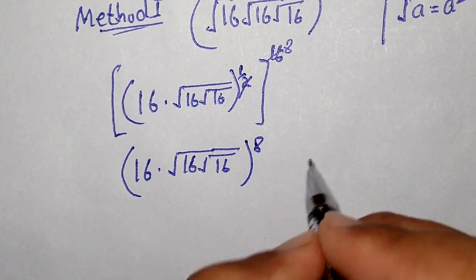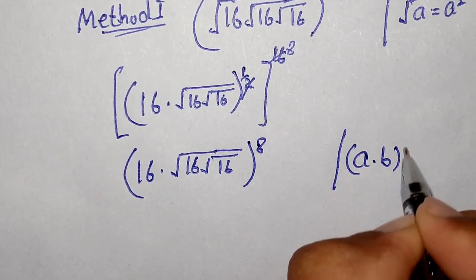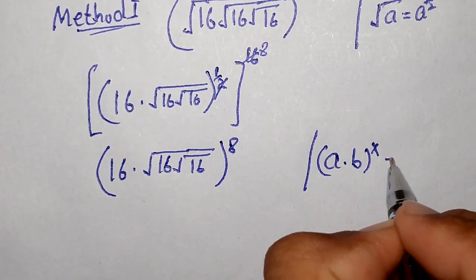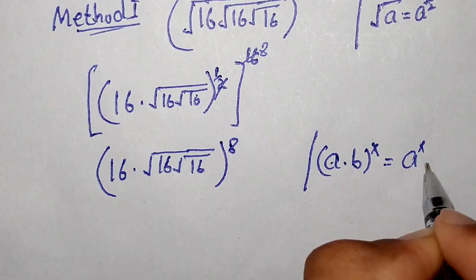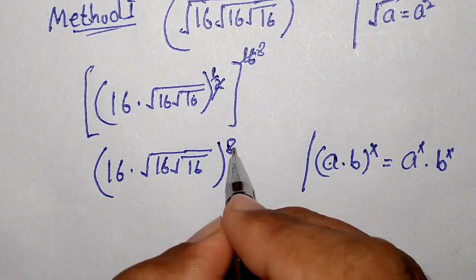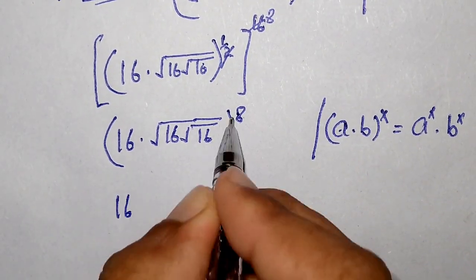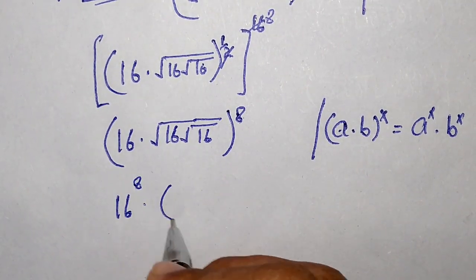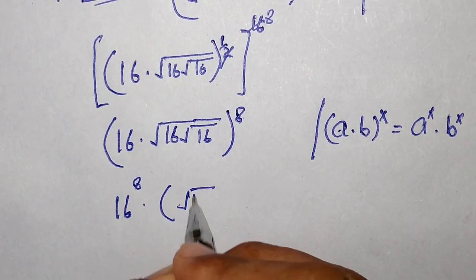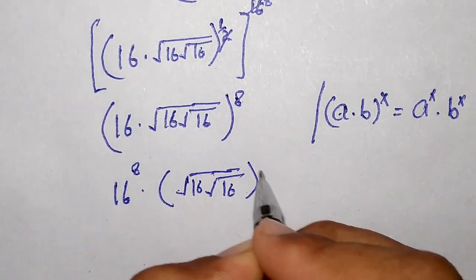Now in the next step, we know that a times b to the whole power of x is equal to a to the power of x times b to the power of x. So same case here, this 8 is for 16 and also for this. So this will become 16 to the power of 8 times square root of 16 under square root of 16 to the power of 8.